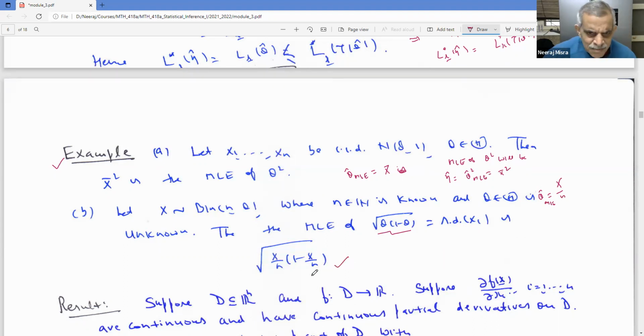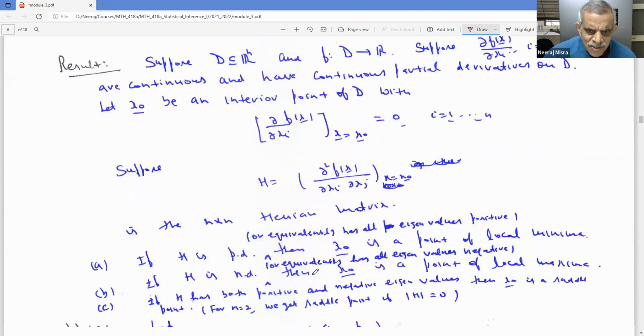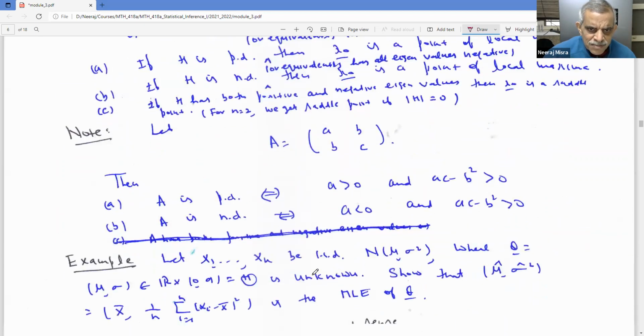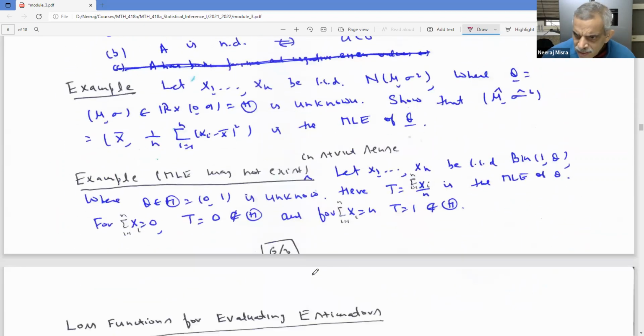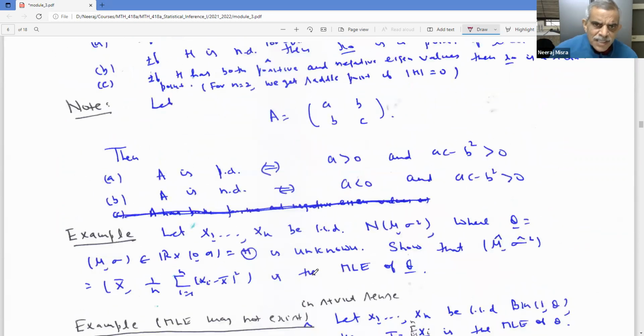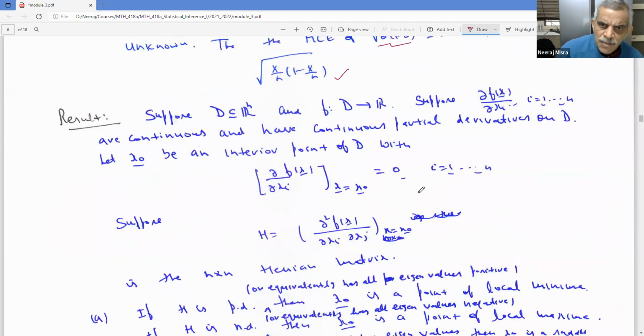Let me just introduce a small result from your calculus, which tells you how to find the maxima and minima of a function, especially when your dimension is more than 1. So suppose D is a subset of Rn and f is a function from D to R. That means f is a function defined on a subset of Rn and it is real valued.